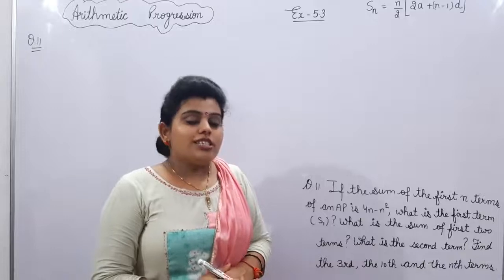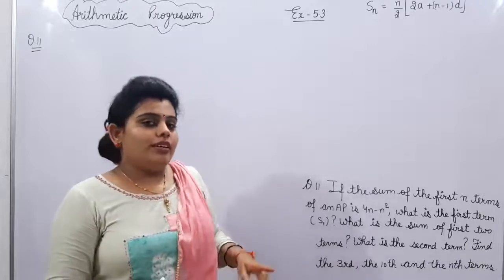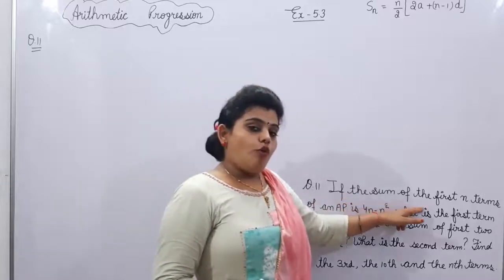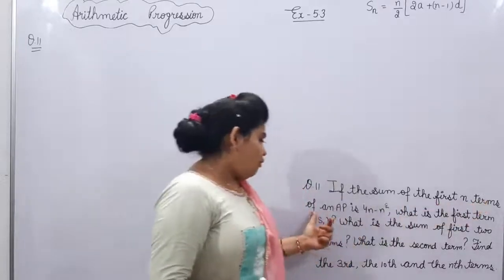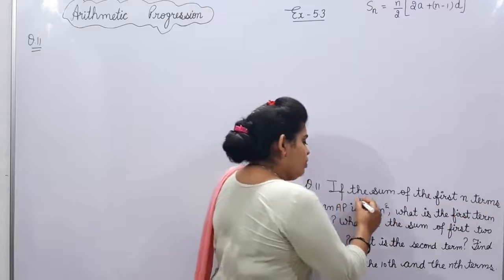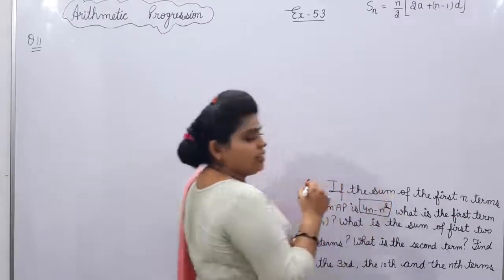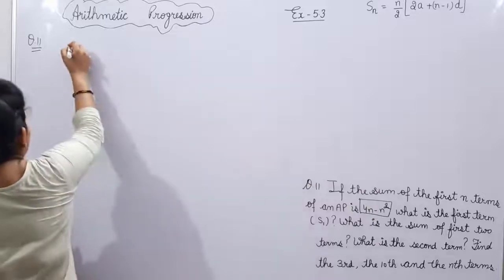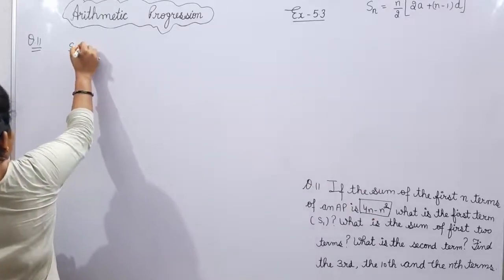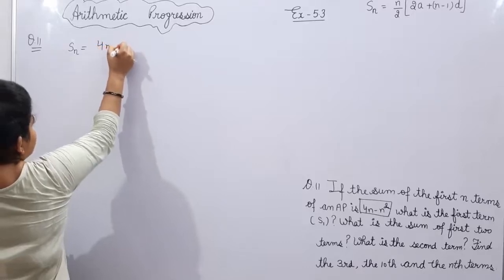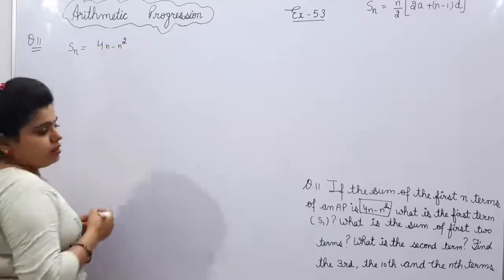Now dear students, next question, question number 11. What is given? If the sum of the first n terms of an AP is 4n minus n square. What is given? Sum of the first n terms means Sn is equal to 4n minus n square.